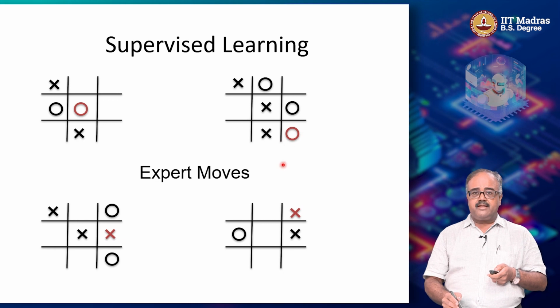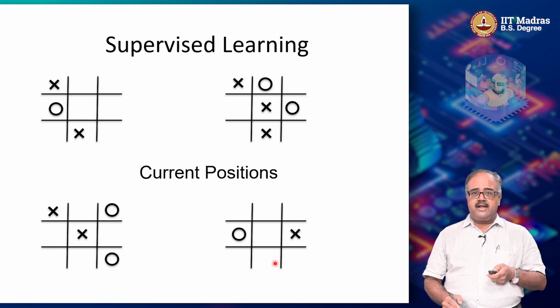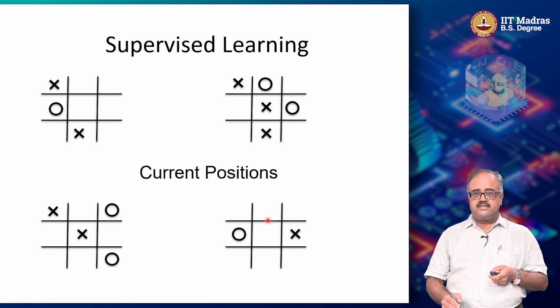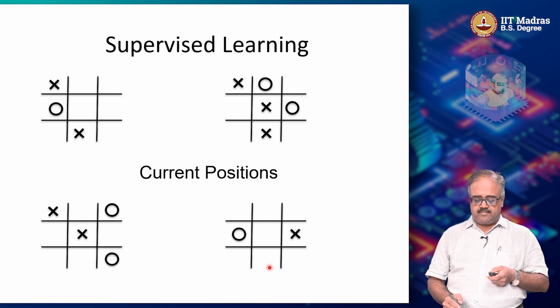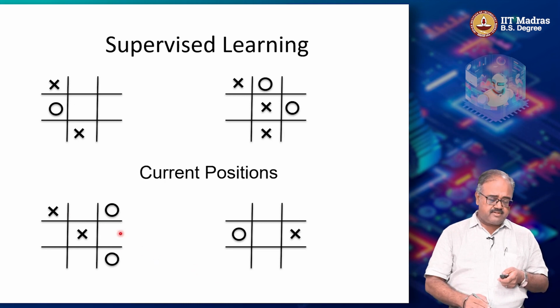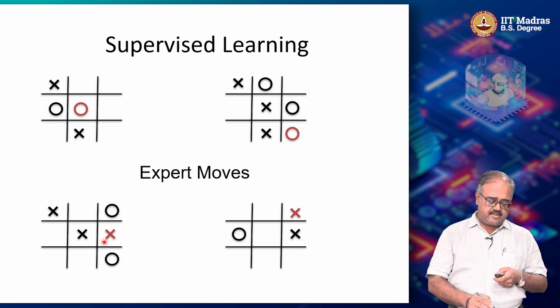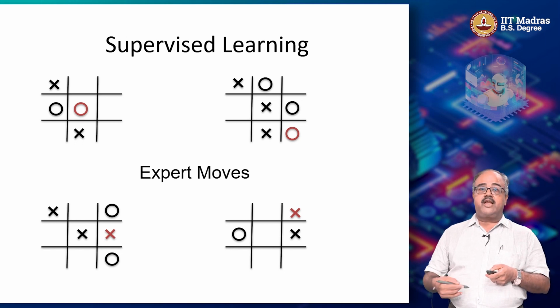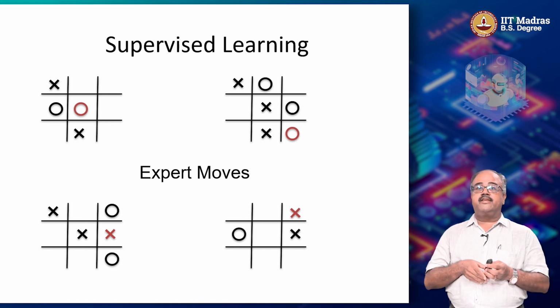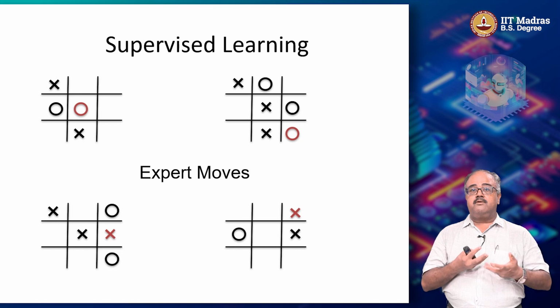So a human being sits down and labels a whole set of states for you. If this is the current board position, then that is the right move you have to make. Likewise, if this is the board position, then that is the move you have to make. A human expert sits down and marks the right move for various positions of the board by hand.